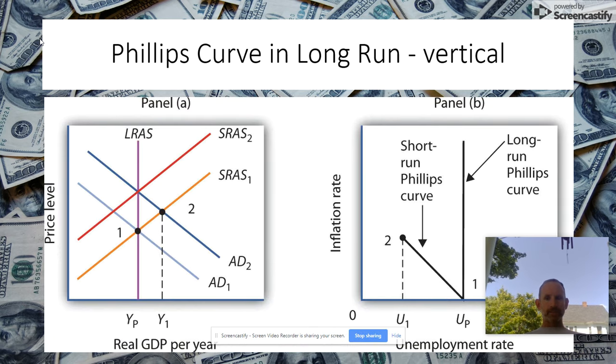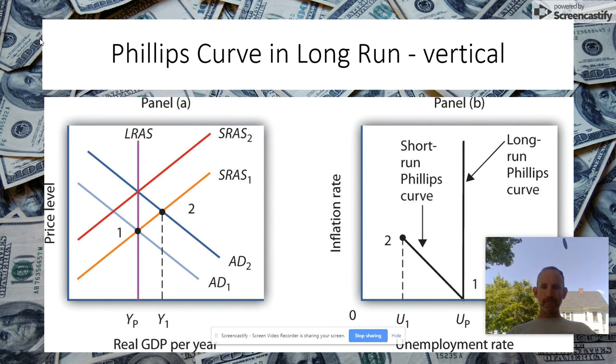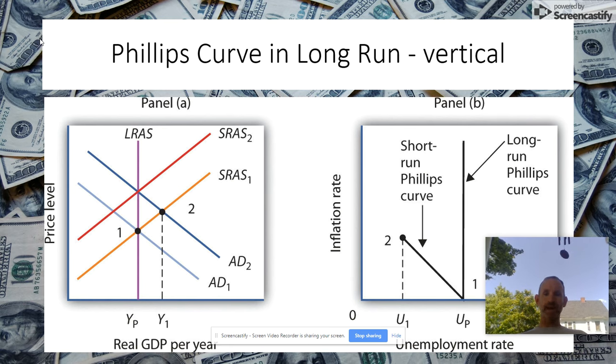All right, the book shows you this. This will be pretty quick, but we talked about the Phillips curve and how it has that negative slope, but that's only the short run Phillips curve. In the long run, the Phillips curve is vertical. And that's because in the long run, we tend to always come back to what's called the natural rate of unemployment. Hopefully you've picked that term up somewhere along the way.